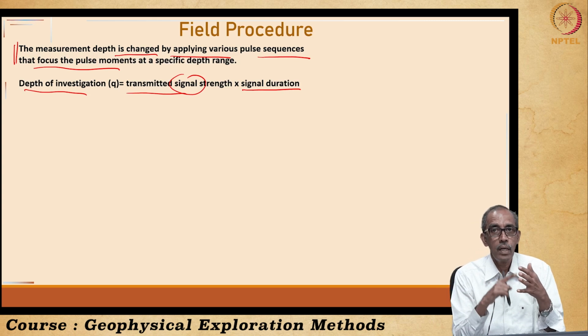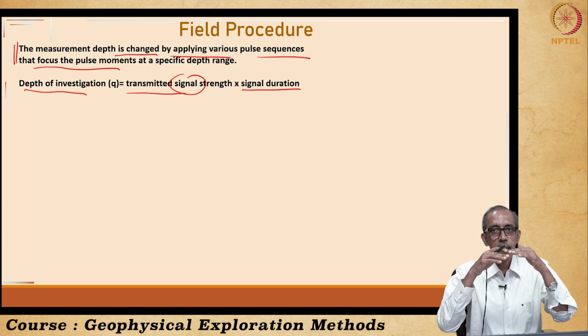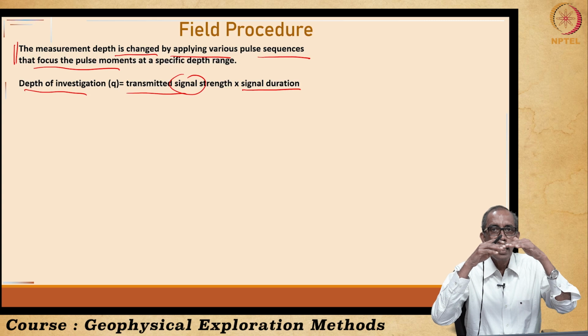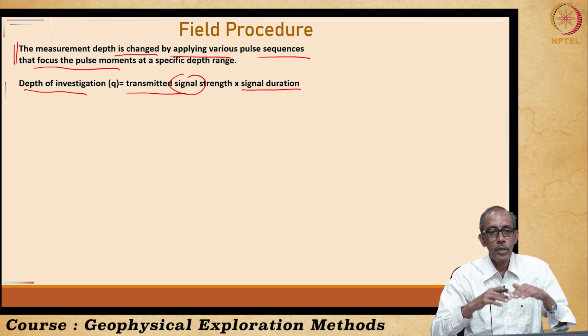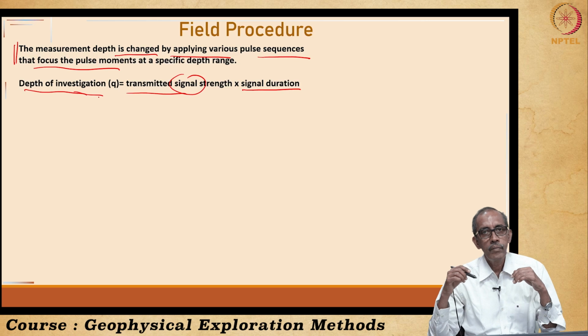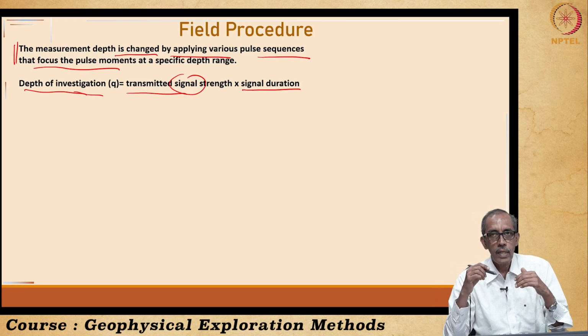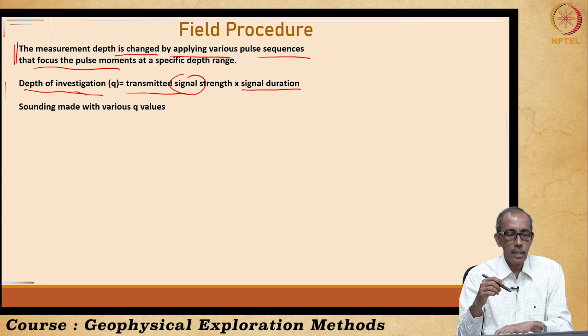So, we have duration in our hand, signal strength in our hand. So, we can play with this to understand the conditions at different depths below the surface of the earth. How? Because the depth of investigation is dependent on the signal strength as well as the signal duration, right.